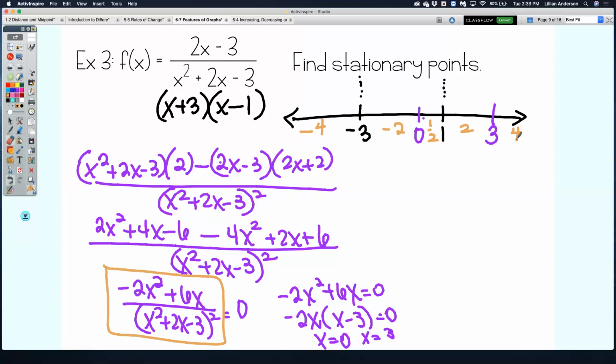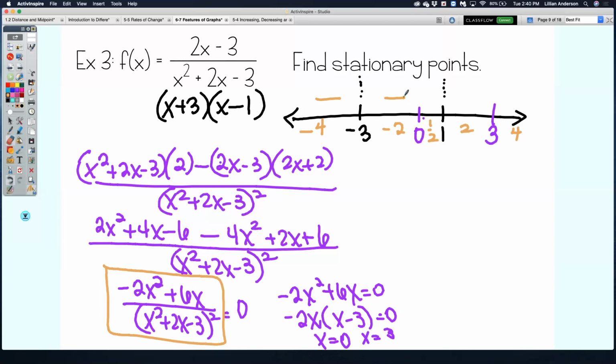When I plug in -4, that'll give me a -32 minus 24. So this is going to be a negative. When I plug in a -2, this is going to give me a -8 minus 12, which is going to give me another negative. When I plug in 1/2 though, 1/2 squared is 1/4. 1/4 times -2 is a -1/2. 1/2 of 6 is 3.